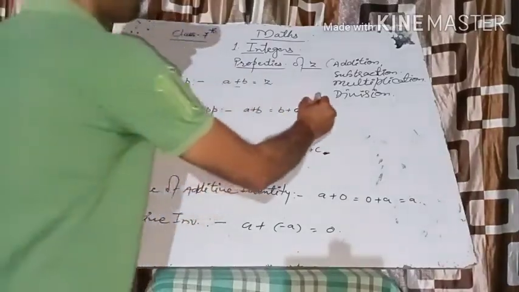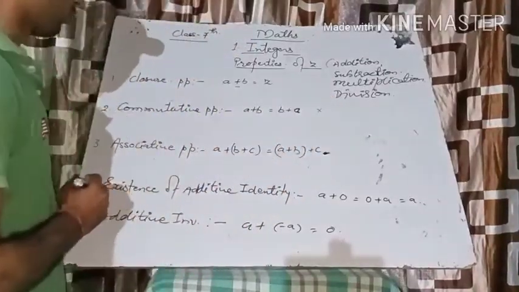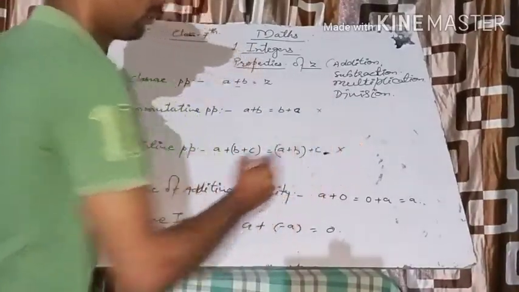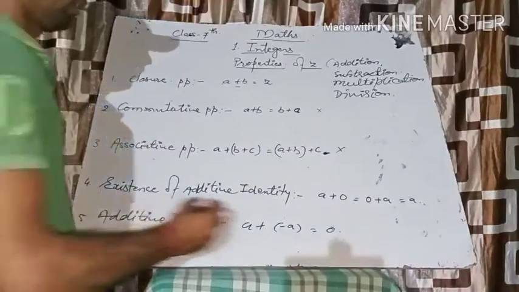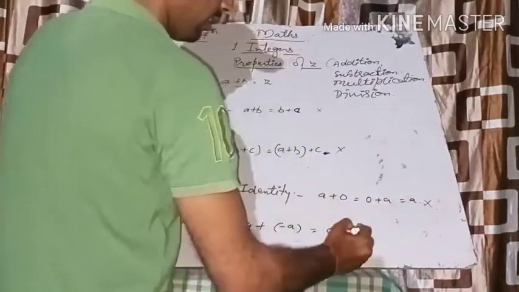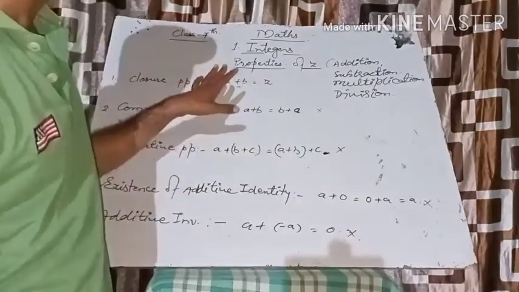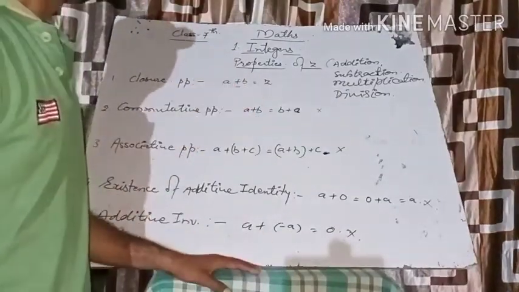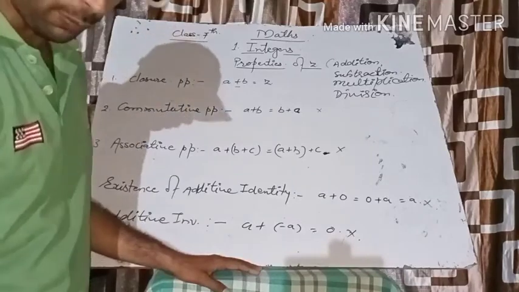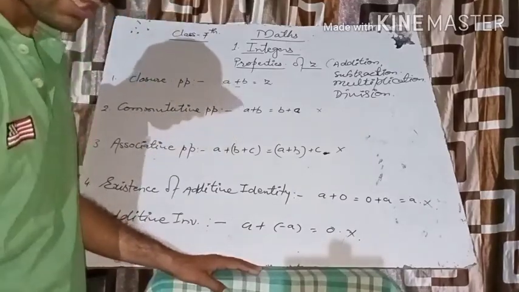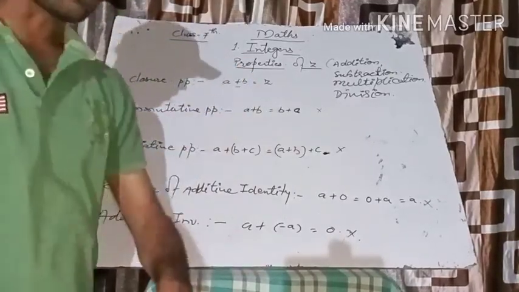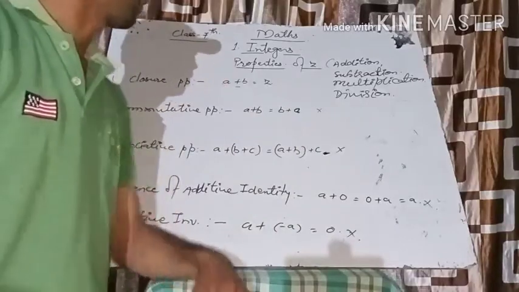But they don't follow the commutative property or the associative property. Only one property is followed by integers under subtraction, the closure property.